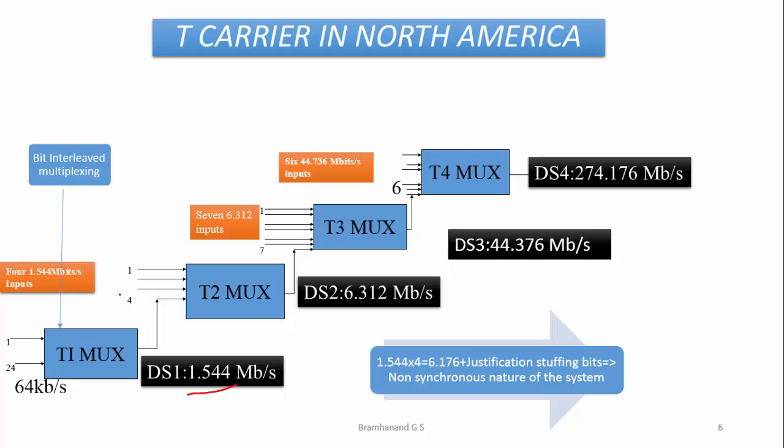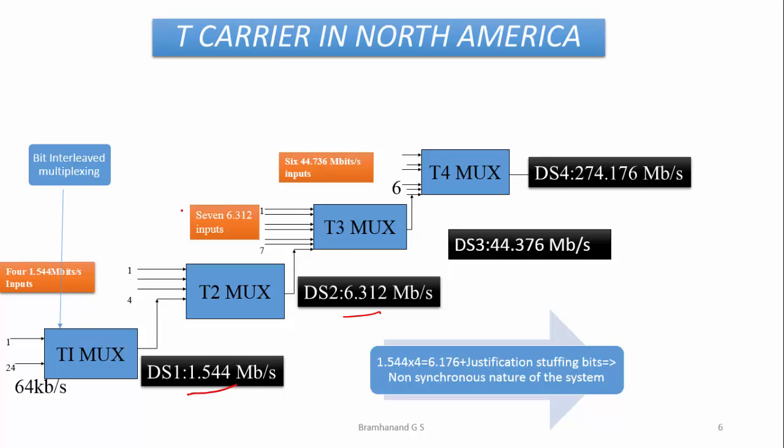Similarly, if you multiplex 4 such DS1s, we get DS2, whose data rate is 6.312 Mbps, and multiplexing 7 DS2s, we get DS3, and multiplexing 6 DS3s, we get DS4. We notice one thing very clearly here: 4 times DS1 is not equal to this particular rate. 4 times 1.544 megabits per second is not equivalent to 6.312. So the difference is occupied by justification stuffing bits.